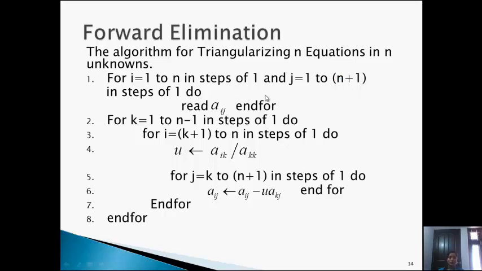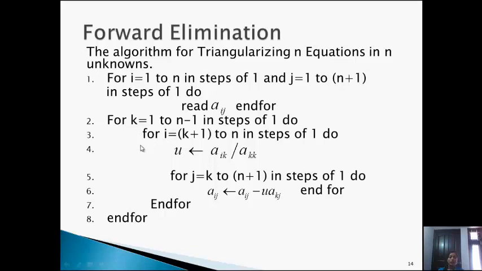In this way we can read our aij, that is, our simultaneous equations. Our second step is calculating u. Here u is defined as the term which has to be made 0 divided by the term by which it will be made 0.